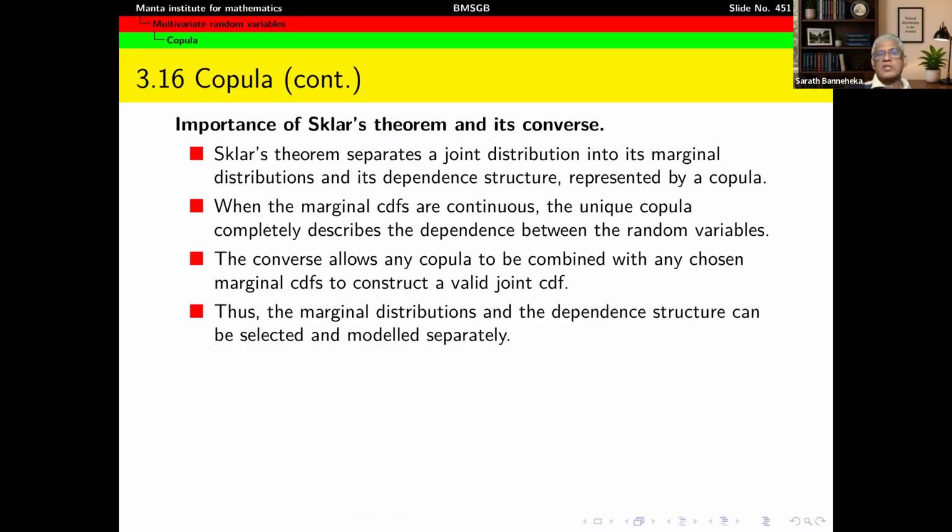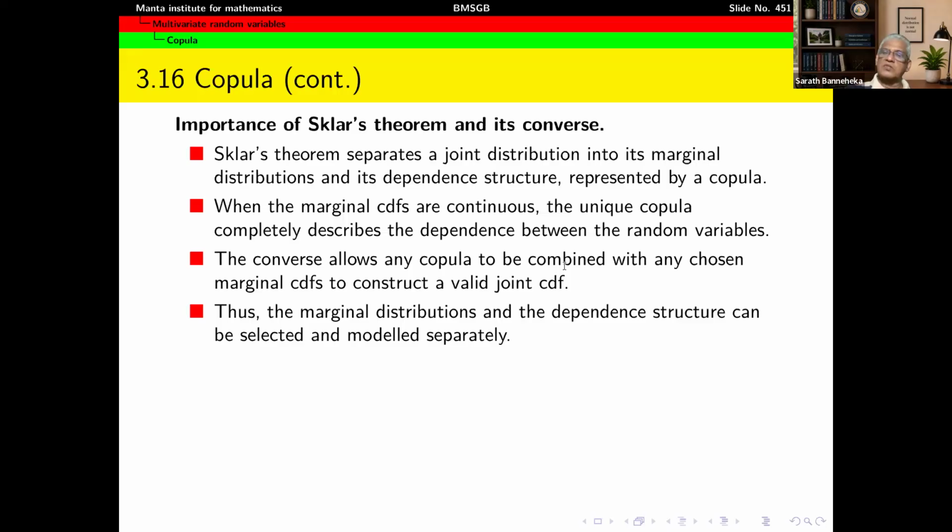This Sklar's theorem and its converse is nowadays considered a very important theorem, and it has a lot of uses. So what are those importances? Sklar's theorem separates the joint distribution into its marginal distributions and its dependence structure represented by a copula. Right.